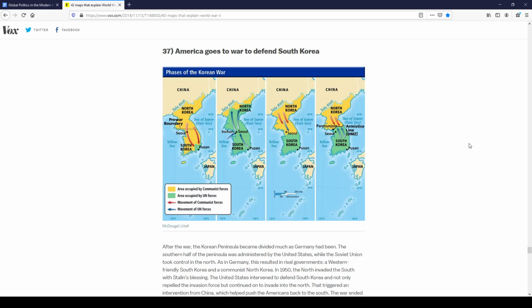The answer is that the Soviets, it's kind of one of those accidents of history, were protesting and boycotting the Security Council meetings because the Security Council was still seating the nationalist Chinese representatives, the folks who were aligned with Chiang Kai-shek. You read about him.